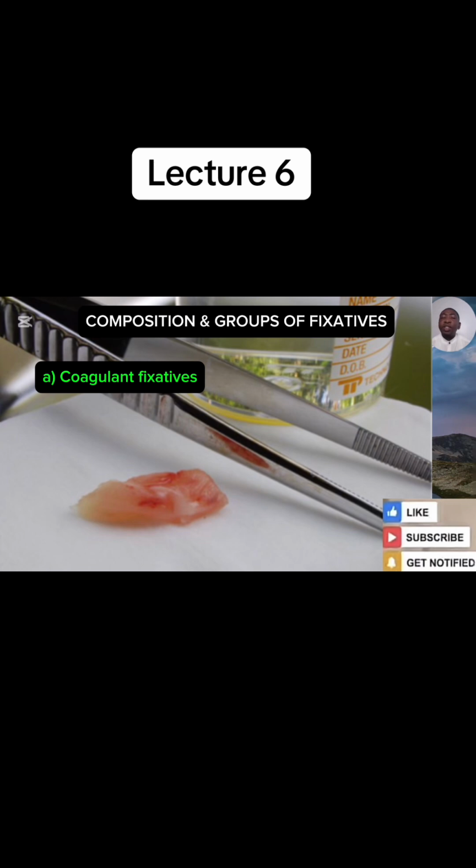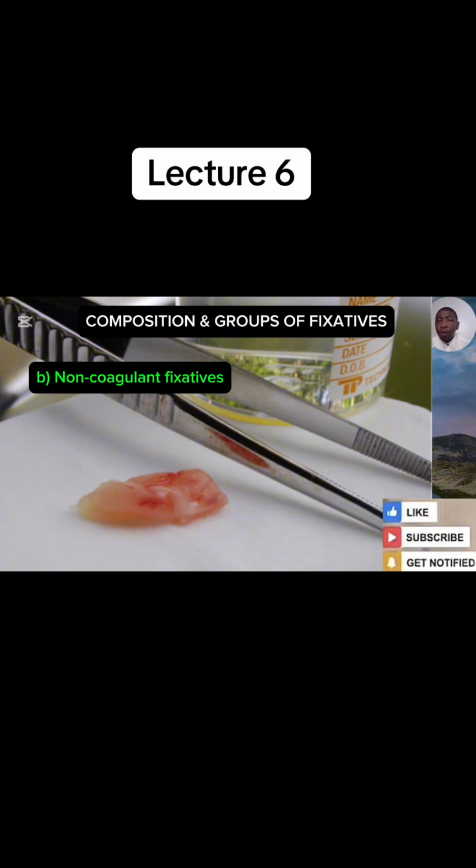Examples of coagulant fixatives include alcohols like ethanol and methanol that are commonly used in cytology, mercuric chloride, which is a strong coagulant, picric acid, which coagulates proteins and preserves glycogen, and acetone, commonly used for rapid fixation and enzyme studies.